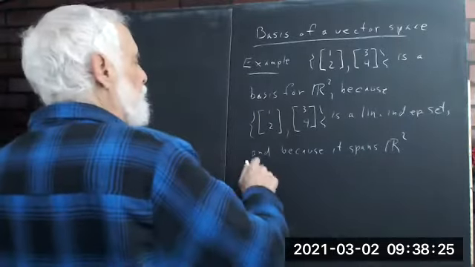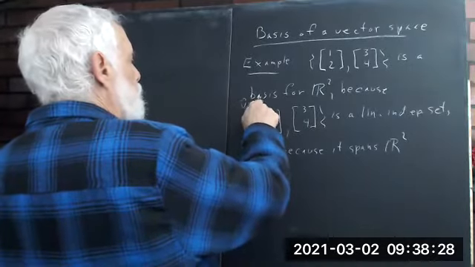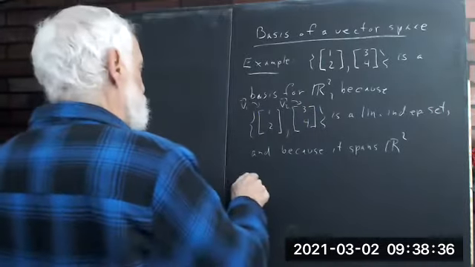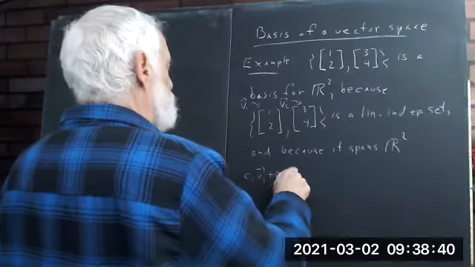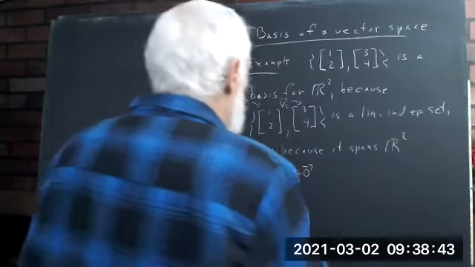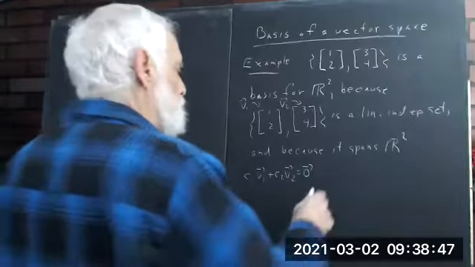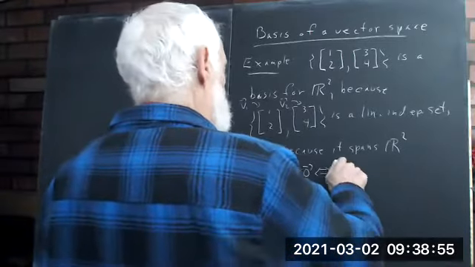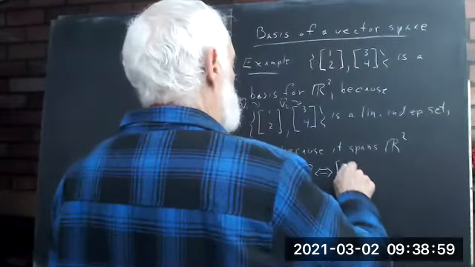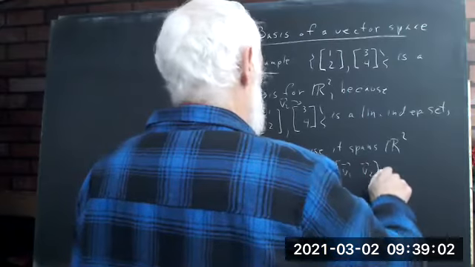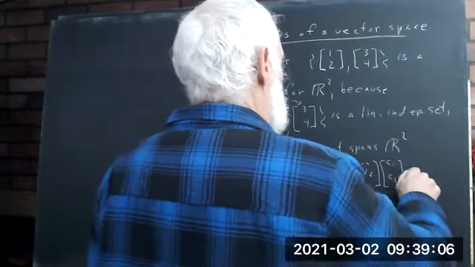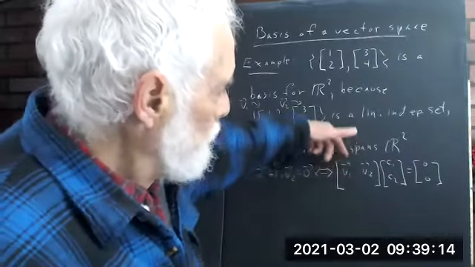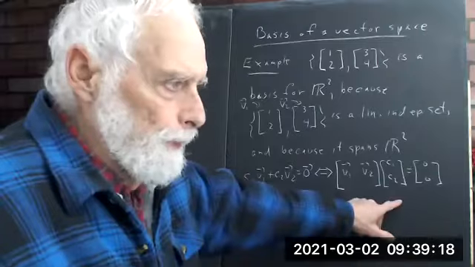If we call this vector V1, and call this vector V2, C1 V1 plus C2 V2 is equivalent to the matrix equation where V1 and V2 form the columns of this matrix.